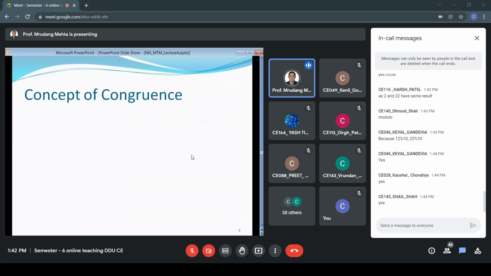Now, this concept of congruence, how is it different from the equality concept? So what is the difference between the equality operator and the congruence operator? One difference is that the equality operator has 2 straight lines, and congruence has 3 lines, right? But what is the difference? What is the meaning? Can anyone say?